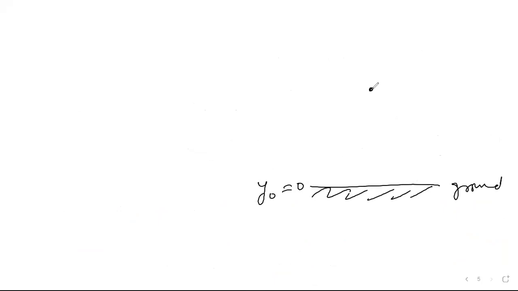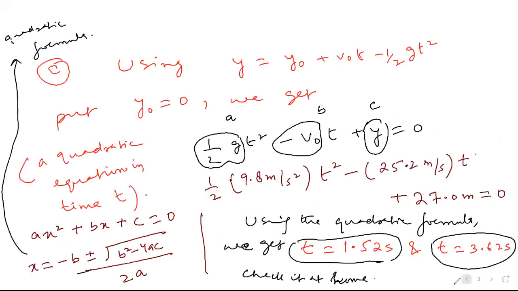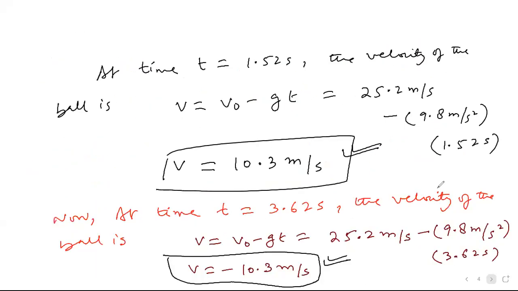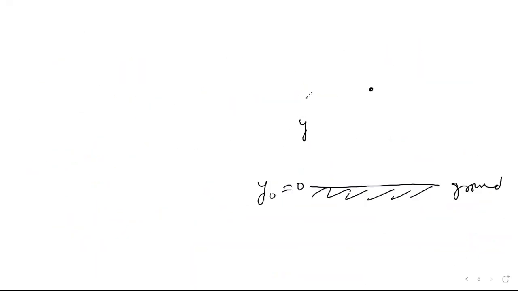Understand it. At what times will it be 27 meters above the ground? So if here y is 27 meters, at one instant, ball is going up, and at second instant, ball is going down, right?